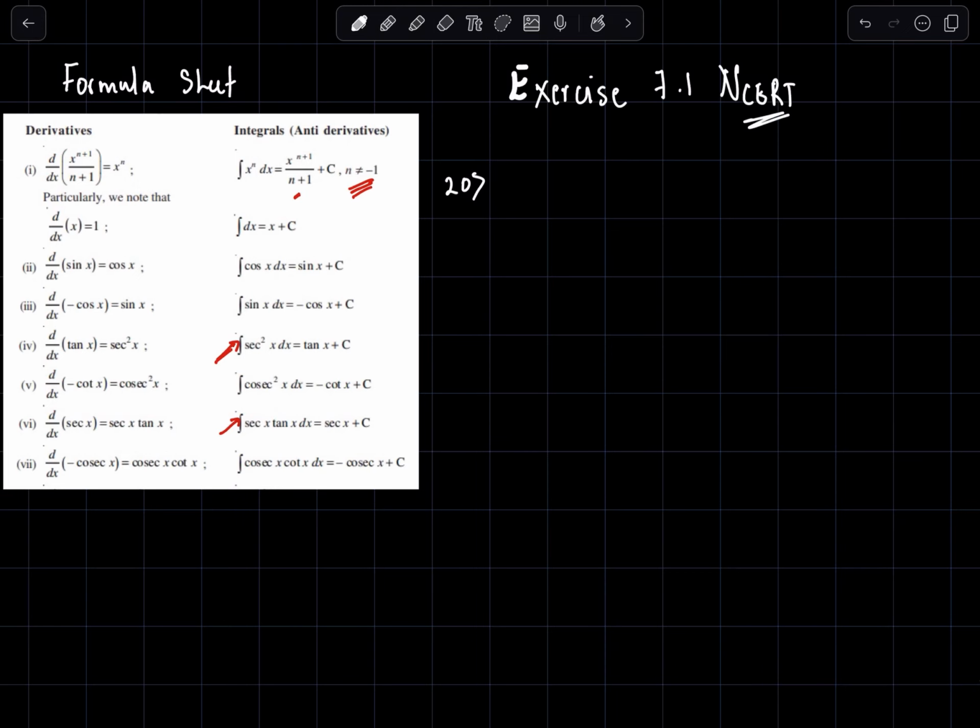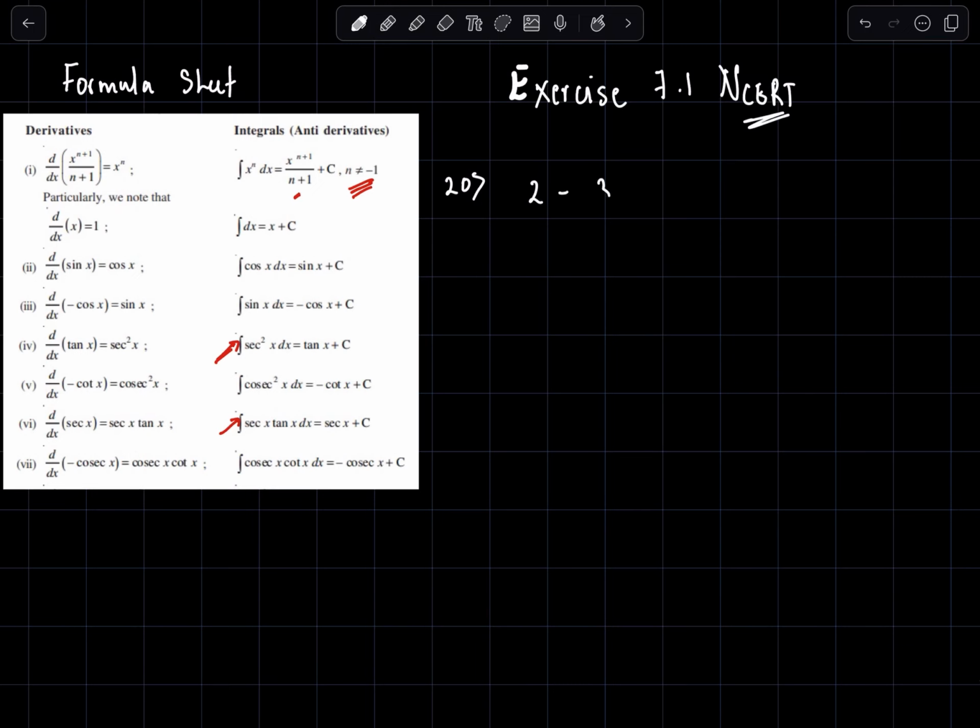These are quite tricky questions. If you know how to do these questions, which I'll mention at the end, you're basically set for this exercise. You don't have to worry about anything else. So let's do question number 20.